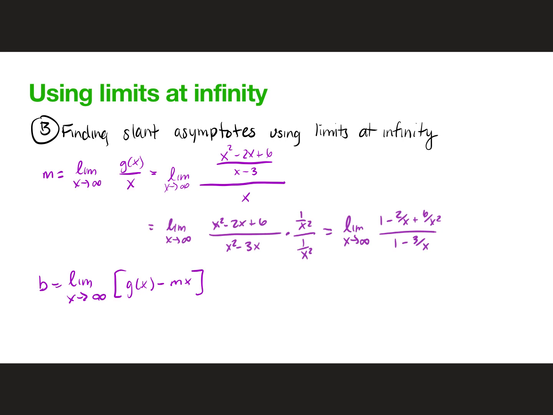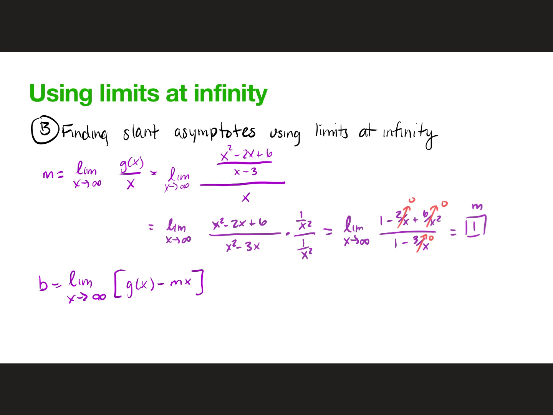And we remember that theorem, and we see that as x gets really large, 2 divided by x gets really small, and whenever we have a finite number divided by a positive rational power of x, that term will go to 0 as x gets very large or very negative. So these terms all go away, and what we're left with is just 1. So this is our slope m.